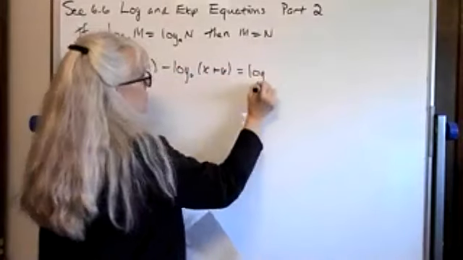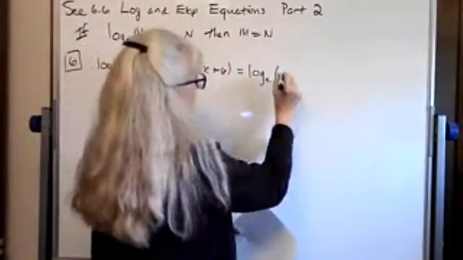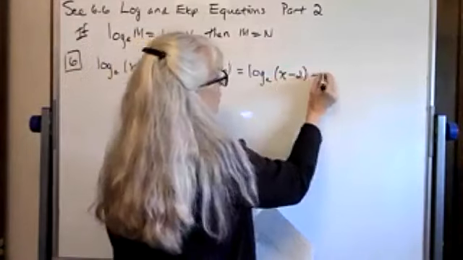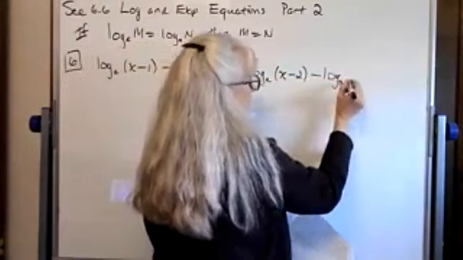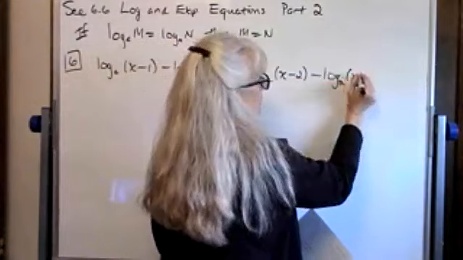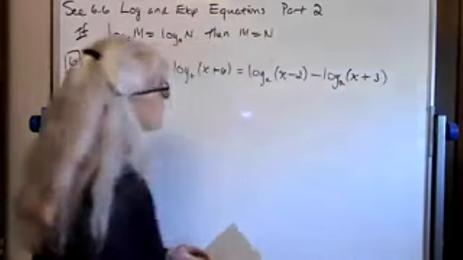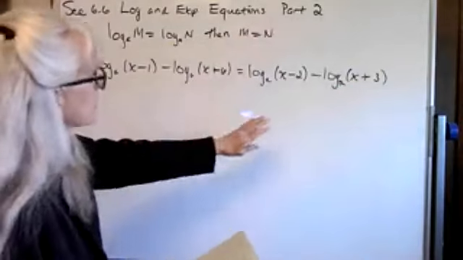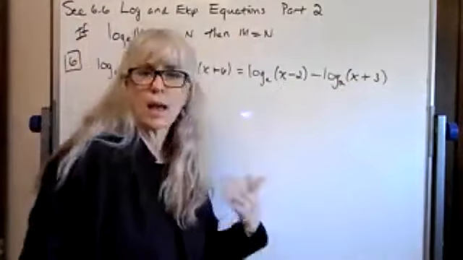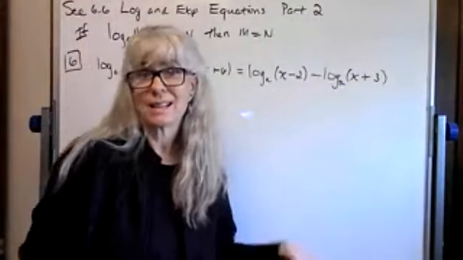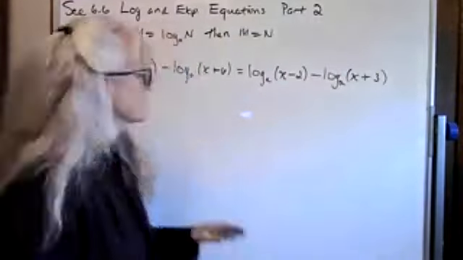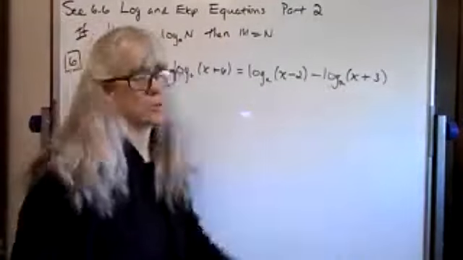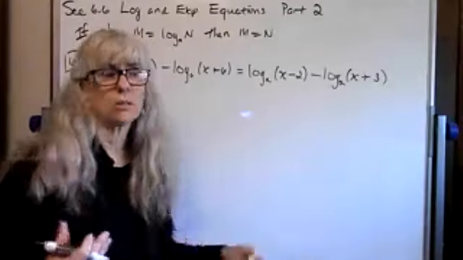That's going to be equal to log base A of the quantity x minus 2 minus log base A of the quantity x plus 3. Okay, I want to double check, make sure I copied it correctly. I've got an x minus 1 and x plus 6 and x minus 2 and x plus 3, and a base that I don't know what it is. It's an A. That's okay, because I do have a log on every single term. So we are going to combine each of the sides into single logarithms.